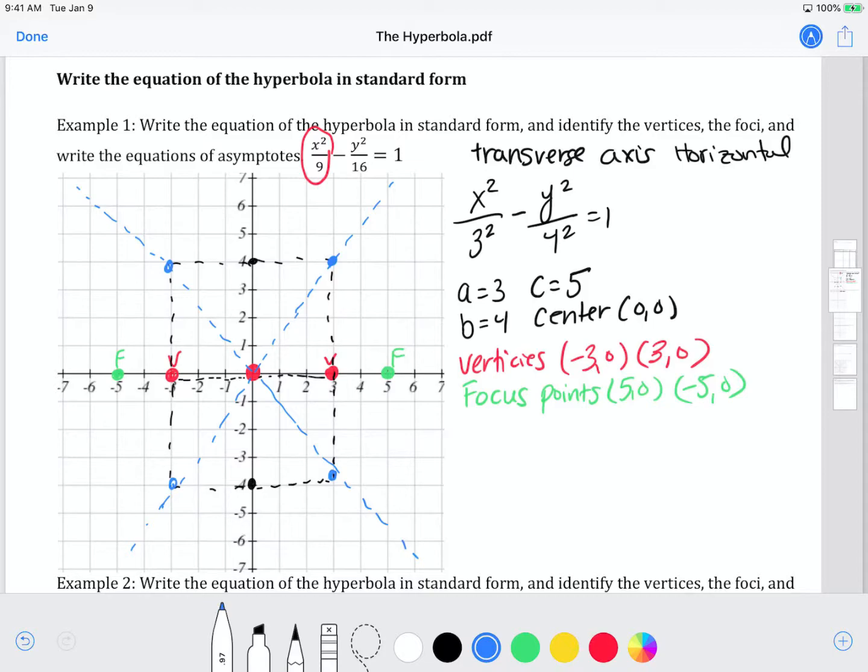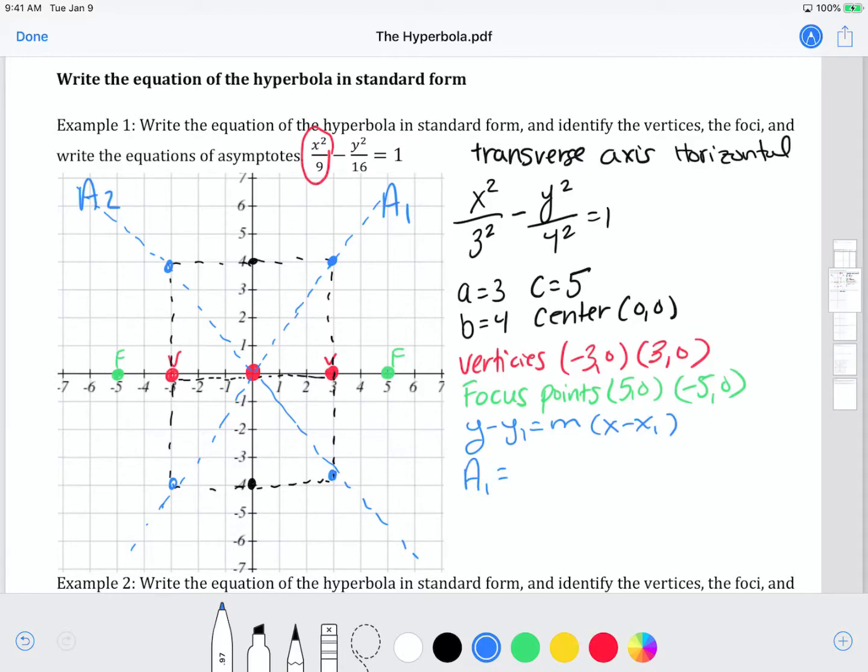Okay, so to find the asymptote, we're going to use point slope form. Since we know a point on the graph for sure is going to be the center because it's got to run through the center, that's going to be our point (0, 0). I'll call this asymptote 1 and asymptote 2.